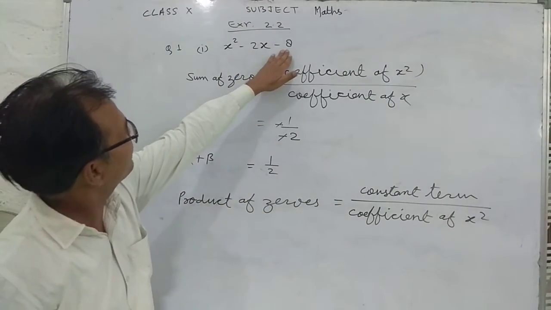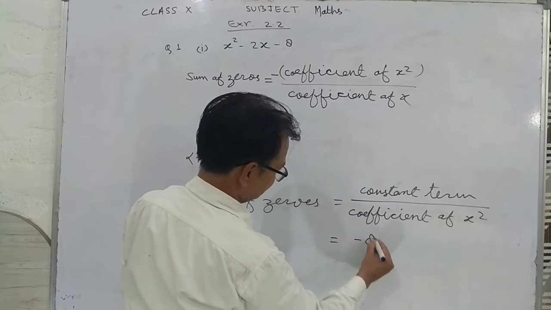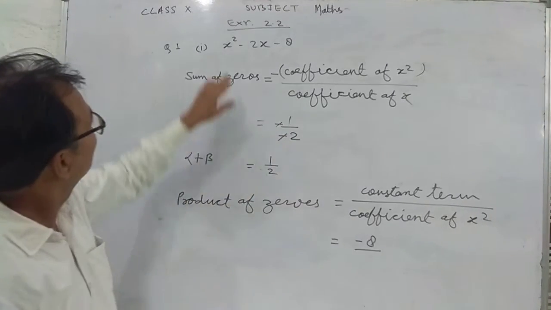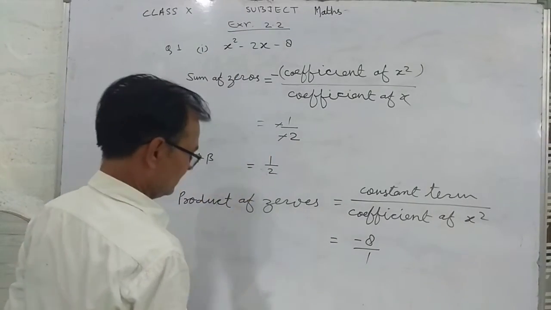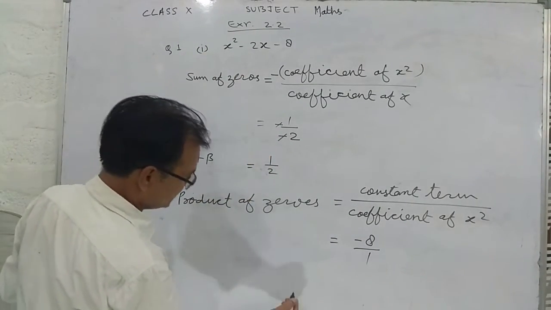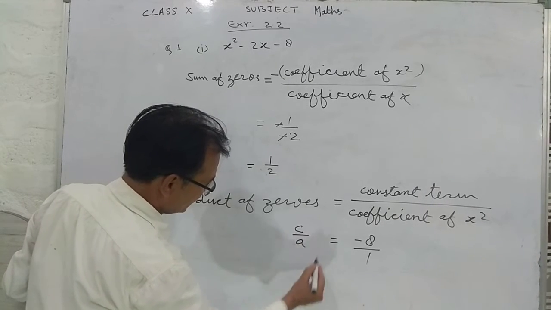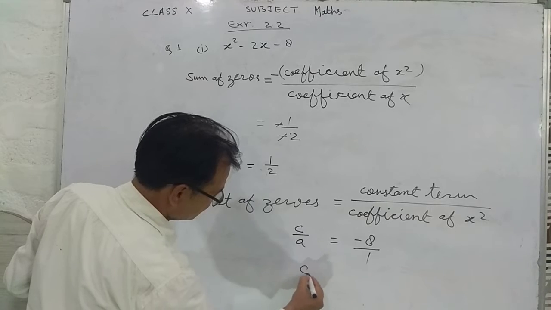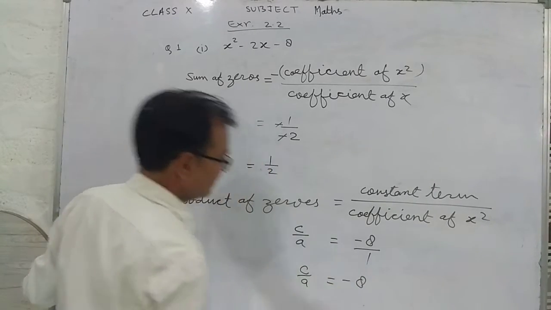So here we have constant term minus 8 and coefficient of x square is 1, and the product of zeros we represent as c upon a, which is equal to minus 8.